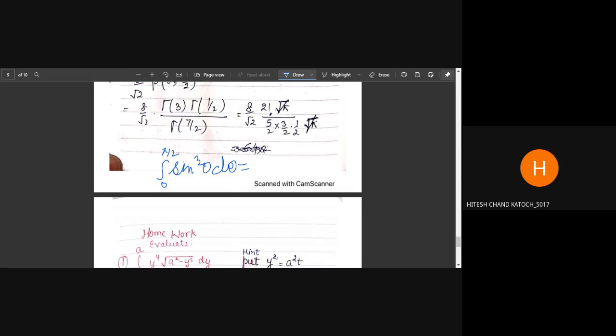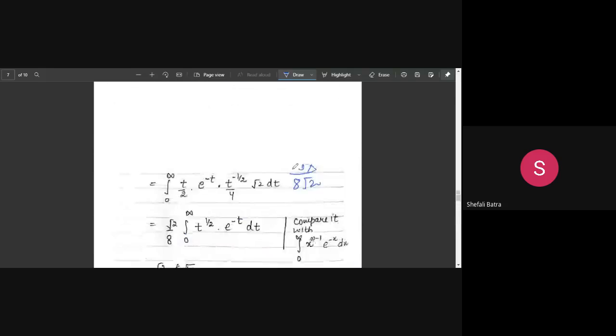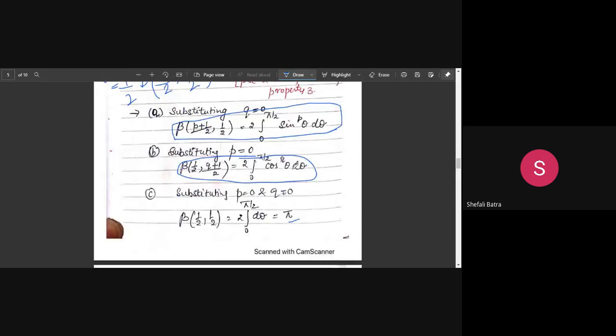Yes, ma'am. Yes, right? So what should your answer have been from here? This minus 1, 2 divided by 3 into 1. And this power is odd, so no pi by 2. Right? Just now I told you a formula from here, 0 to pi by 2, the properties of beta in terms of this 0 to pi by 2 sine p theta d theta.